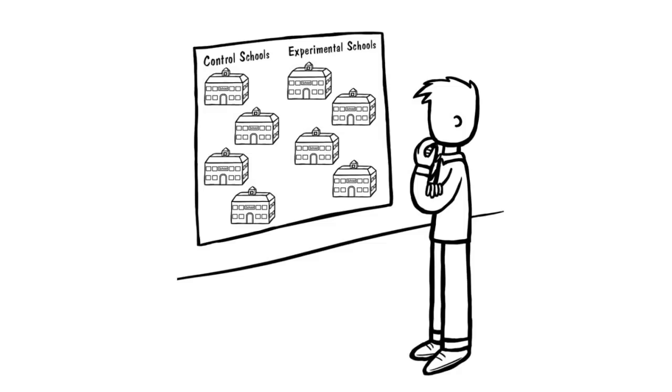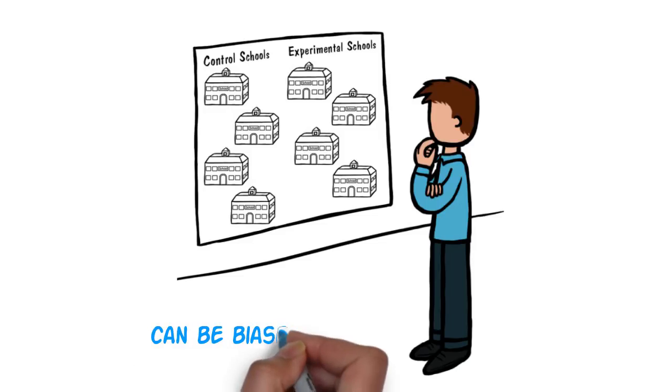Although sampling is often essential, it does introduce some error into the data, as it is never a true representation of the whole population and can be biased by the method of selection.